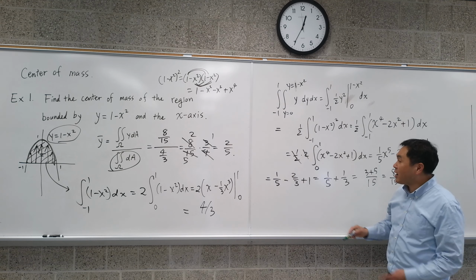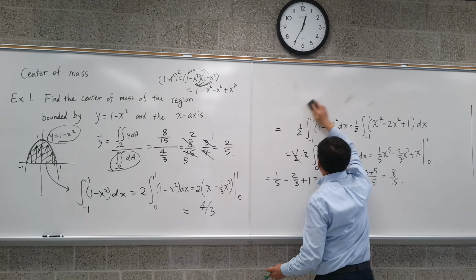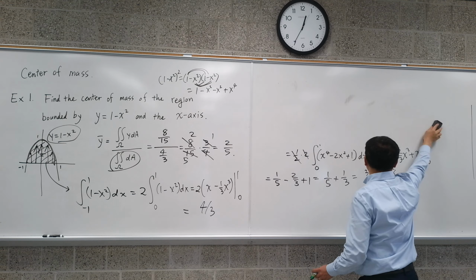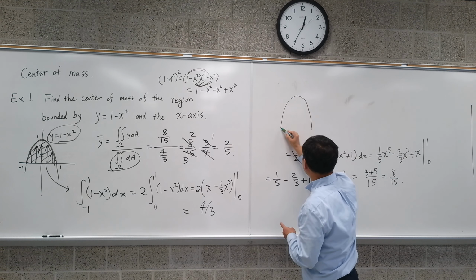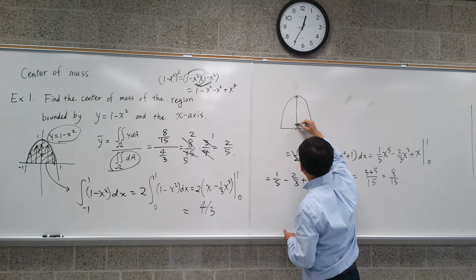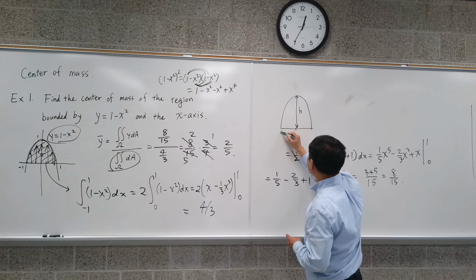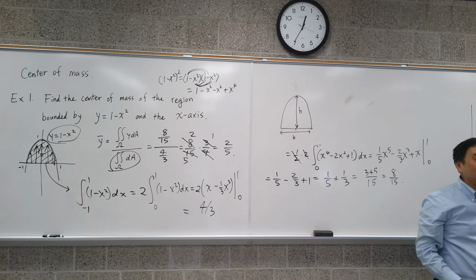Let me just erase this part and show this a little bit. So let's say you have a parabolic shape so that you have this length as h and this length as b. And what's the center of mass?